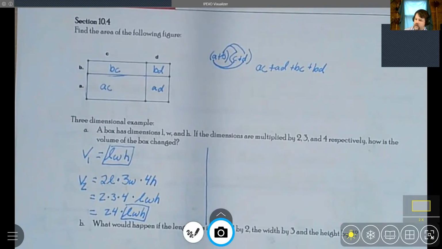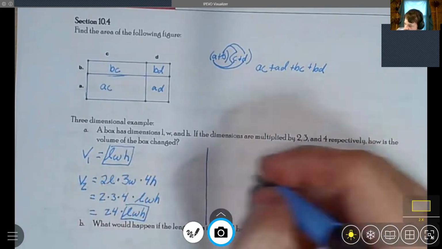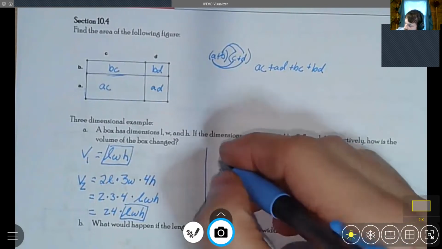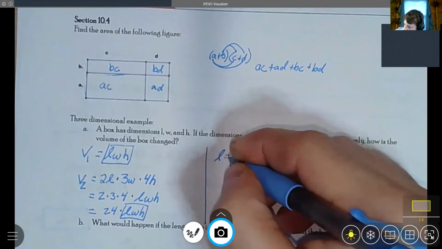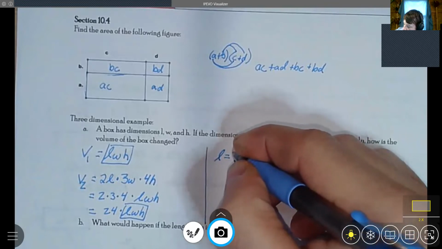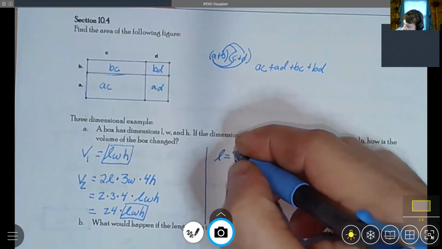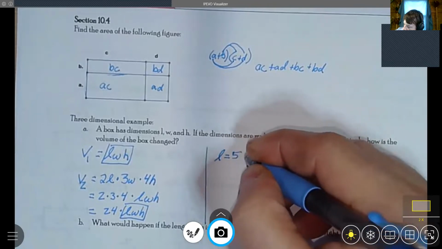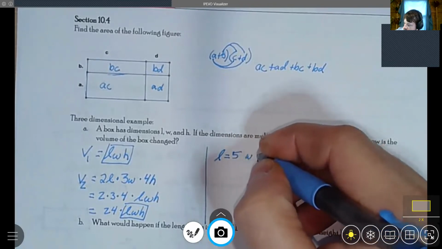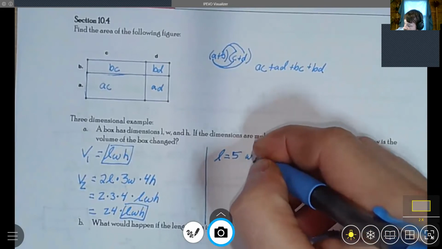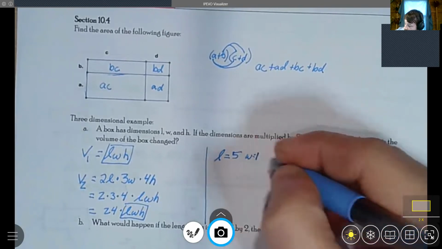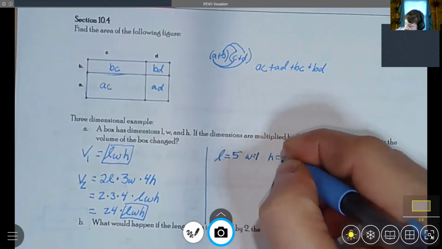So let's just look at, let's say we pick some easy numbers for L, W, and H for our original box. Let's say that L was 5 and W was 1 and H is 6.